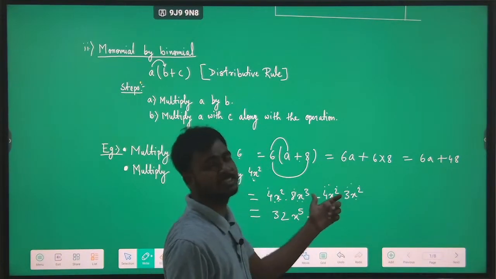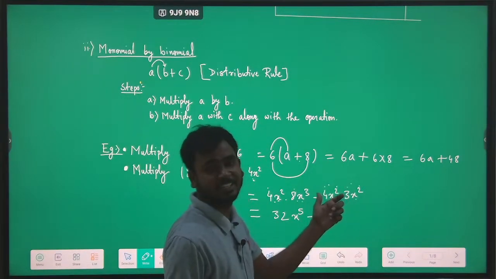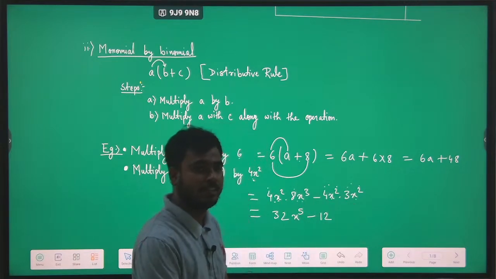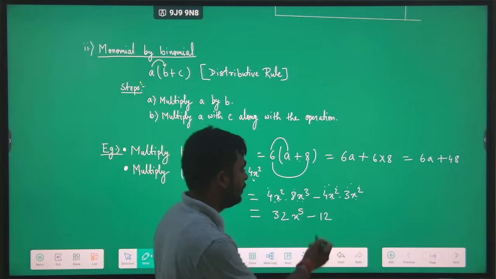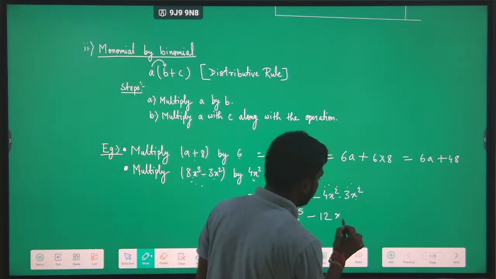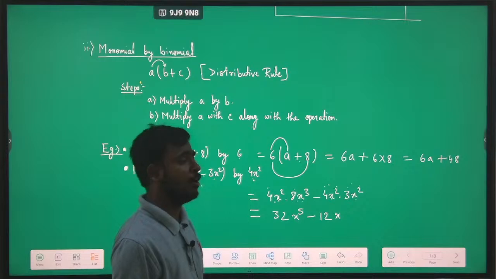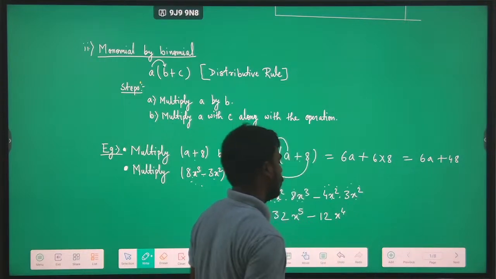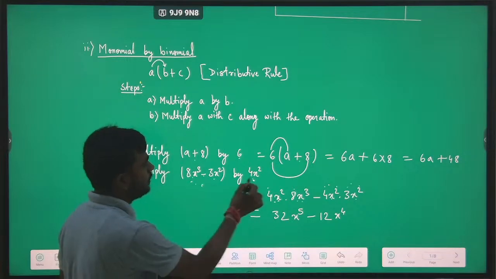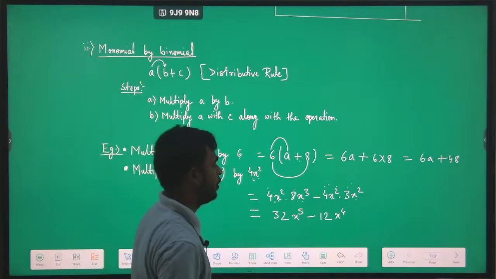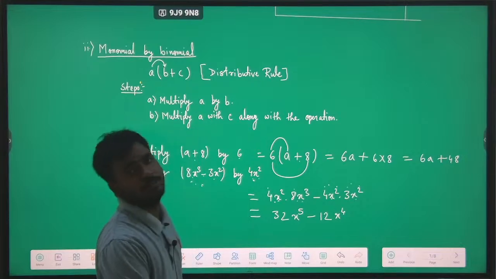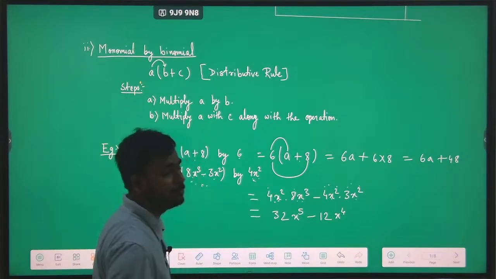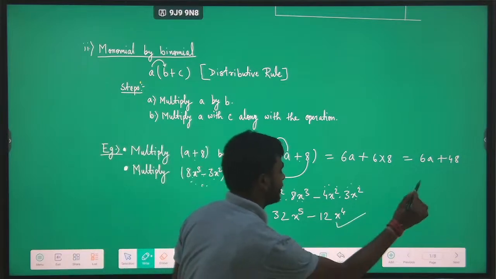So whenever the bases are common and there is multiplication between these algebraic expressions, we use the law of exponents in which the base stays the same and powers are added. So it will be 2 plus 2, that is 4. So what we got, the value of this is 32x to the power 5 minus 12x to the power 4. Okay, so we have multiplied these two algebraic expressions like this.